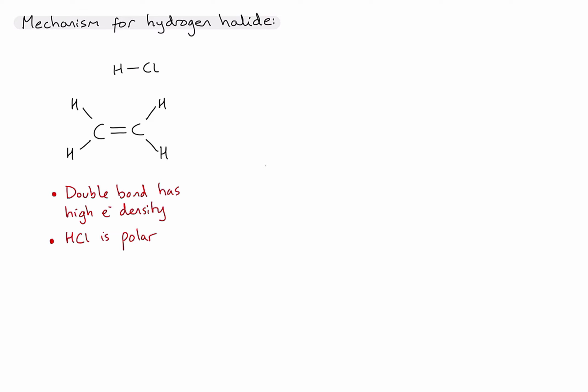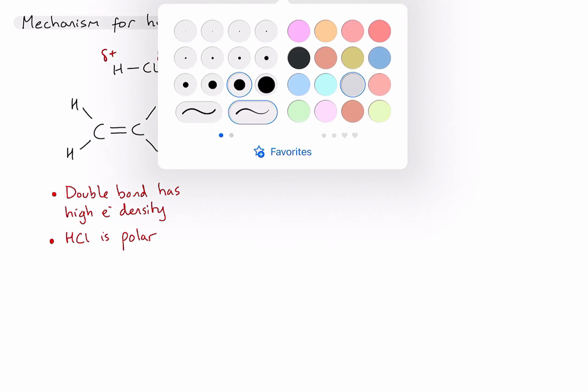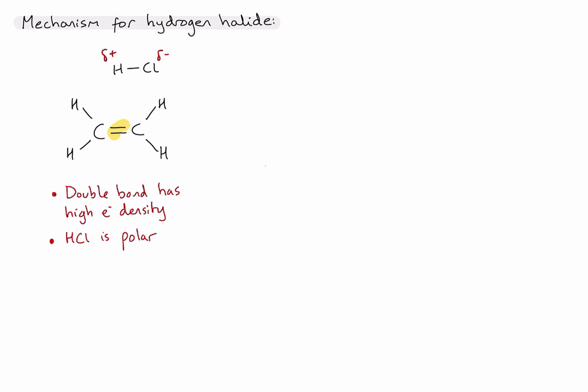My chlorine, which is much more electronegative, I could represent with a little delta negative to show the partially negative side, and my hydrogen, conversely, is going to be the partially positive side. As soon as we've identified an area of electron density, our double bond, and somewhere with a partially positive charge, that's probably going to be the start point for our reaction.